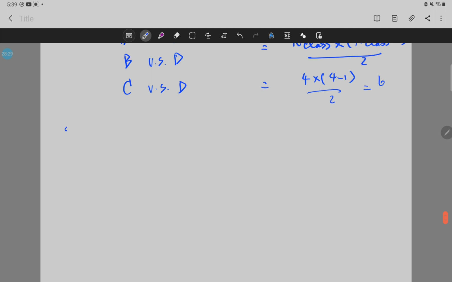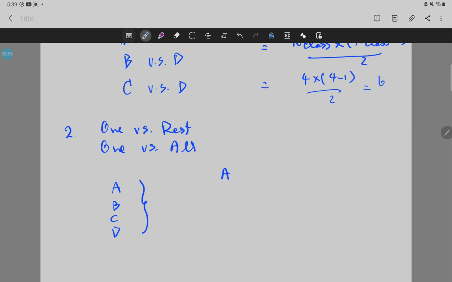The second type is called one versus the rest, or sometimes people call it one versus all. What do we do if we have, like in this case, A, B, C, D, 4 classes, and each class has its own data set?